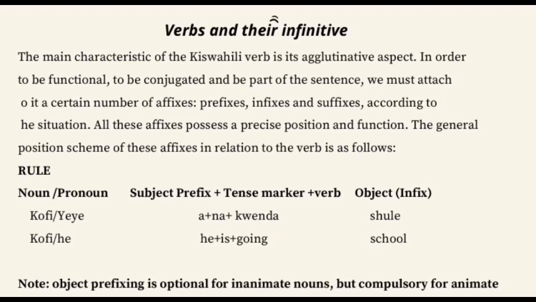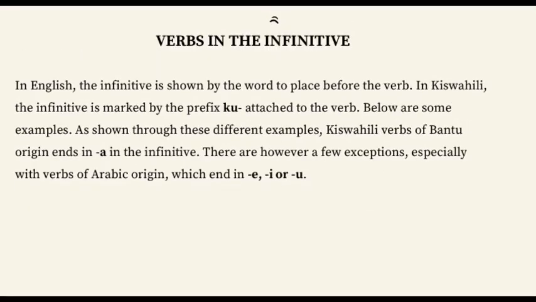We will look at more sentences later in order to get a better understanding of what we have explained in this lesson. So, these verbs in Kiswahili, or verbs in any other language, especially in English, the infinitive is shown by the word to, which is placed before the verb.